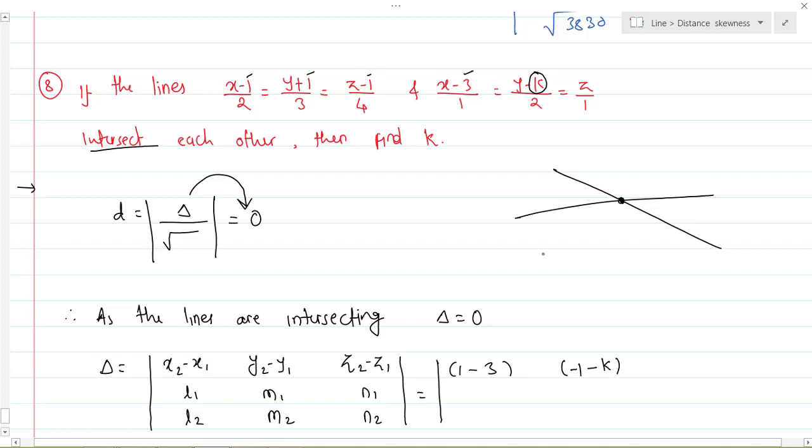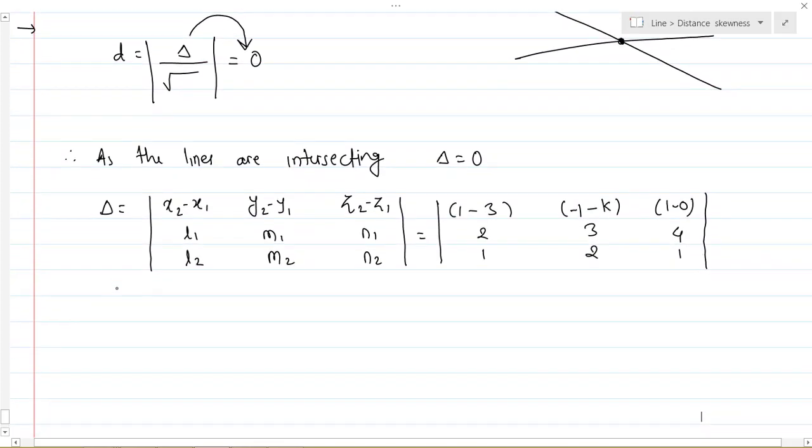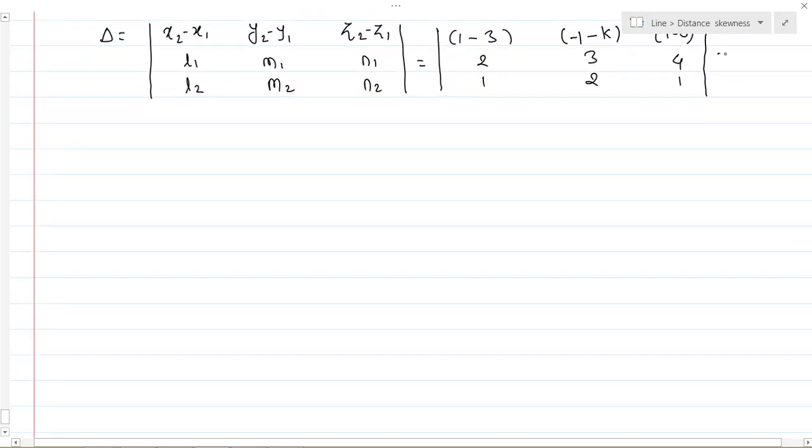And here we have minus 1, which means it is plus 1. And here we have 0. Perfect. So L1, M1, N1 is 2, 3, 4. L2, M2, N2 is 1, 2, and 1. Great. So equate it equal to 0.